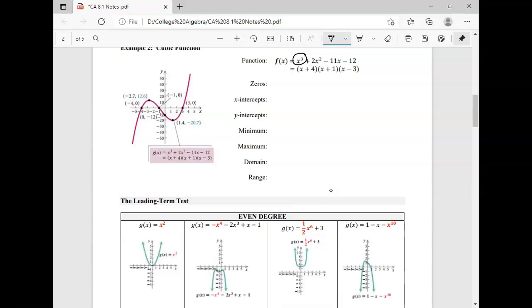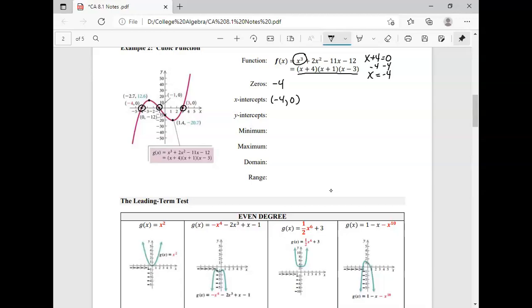Okay. If I want to find my zeros, I could go over here and look at my graph, because the zeros are where it crosses the x-axis, but also they've got this factored already for me. So if I solve x plus 4 equals 0, just making sure you guys know this, because the graph is a little bit easier to tell this than this, but one of my x-intercepts would be -4, 0.